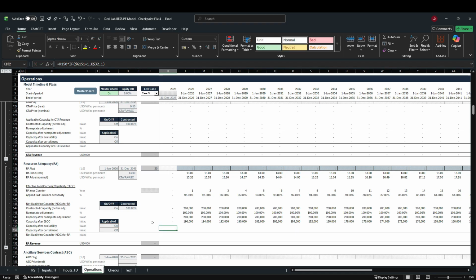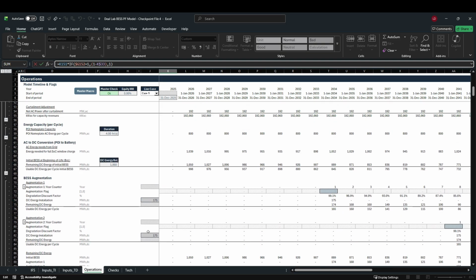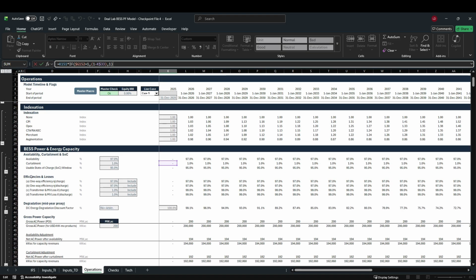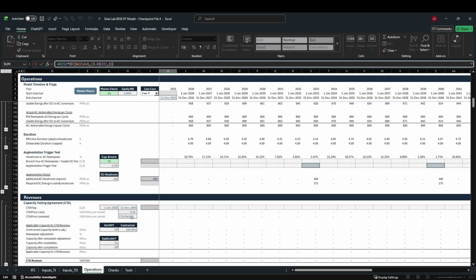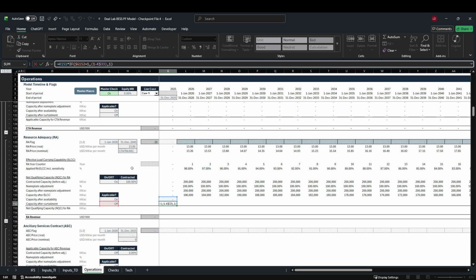So that's right. Hit F2 here. This one is for our curtailment adjustment, and we pick up curtailment in row 33, or better 1 minus curtailment, and multiply this by our capacity after availability.